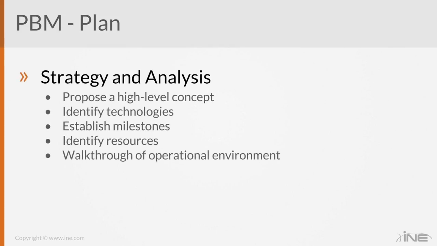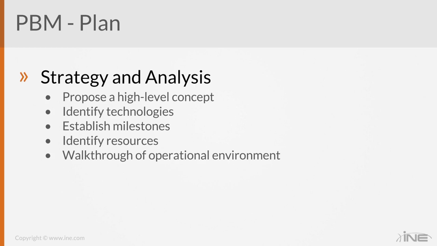So strategy and analysis. First you will propose a high-level concept. That's part of the strategy. Identify the technologies, that's part of the analysis. So your customer has a goal, a problem, needs to refresh, is purchasing another enterprise, adding more branches, so they need a strategy.